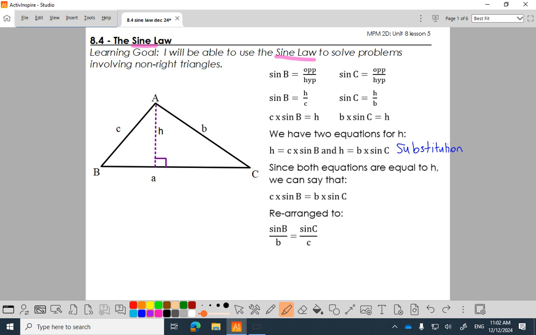Angle B, the side opposite to angle B is side B. Angle A, which I've put at the top here, and side A are opposite to each other. Angle C and side C are opposite to each other.